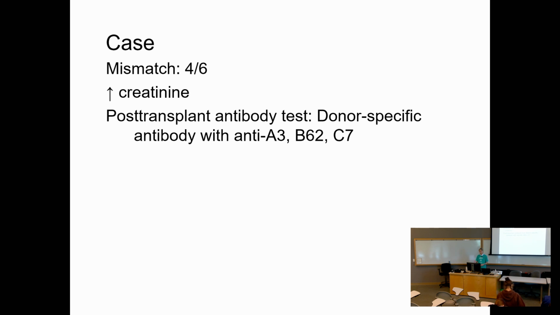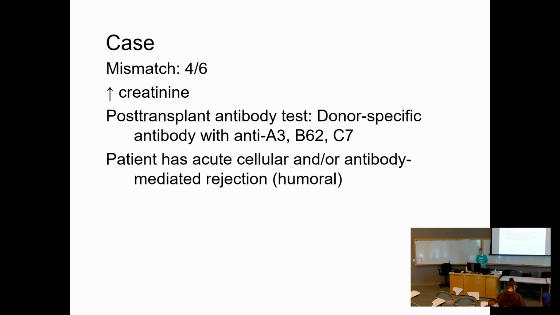And so this is what's called donor-specific antibody, or DSA. And what we found in him is that he's now developed an anti-A3, B62, and C7. So these 3 out of the 4 that he was mismatched with. And so this could either be acute cellular or antibody-mediated rejection.